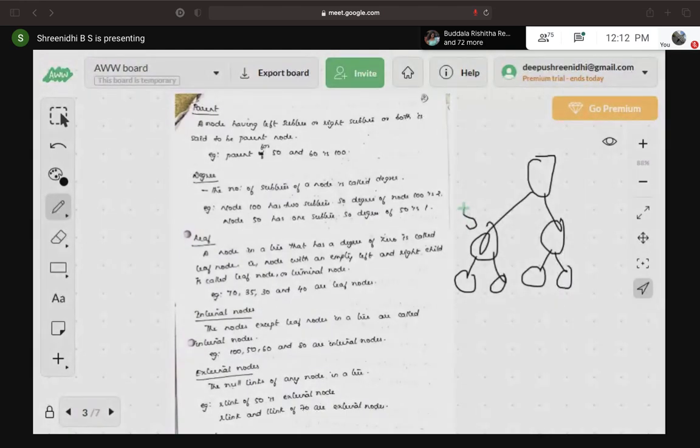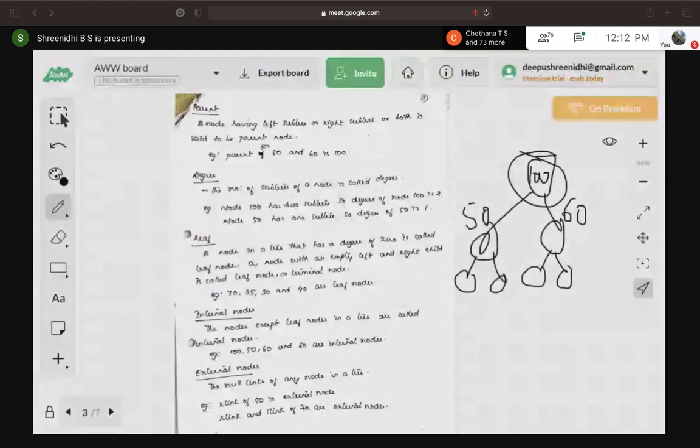So this is 50, this is 60, this is 100. The parent node for 50 and 60 is 100. Similarly, what is the parent node for 70 and 80? Answer fast, see the board and answer.